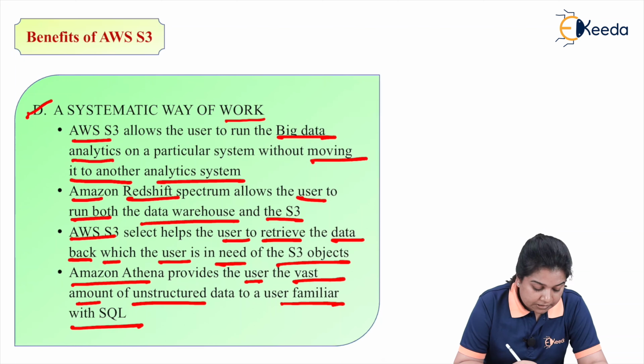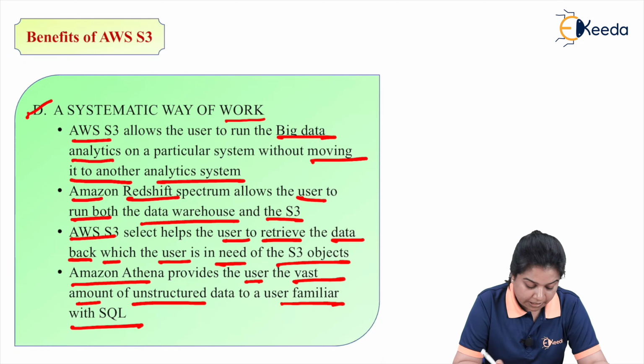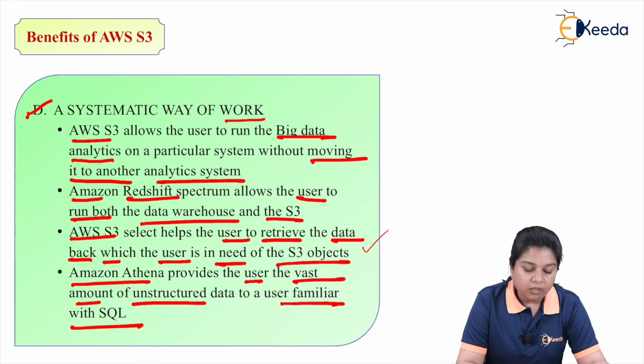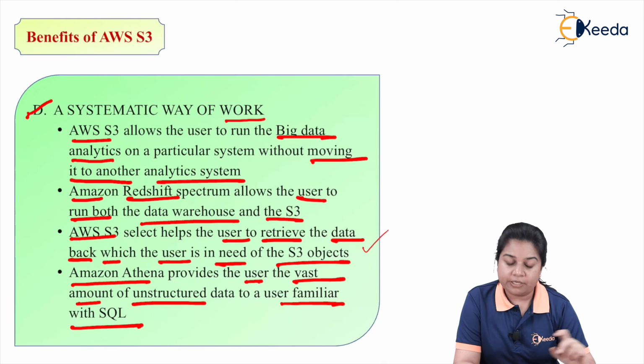See, there are certain ways in which you can analyze your data which is stored in S3. You can run data warehouse as well as S3, or you can have that information in both data warehouse and S3 simultaneously. Then to retrieve data, you can retrieve it easily with the help of S3.